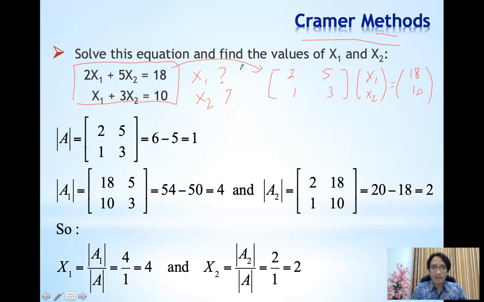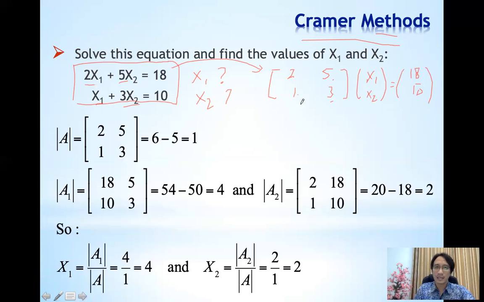Is it true? Yes, because 2 times x1, 2x1, plus 5 times x2, 5x2, equals 18. And for the second row, we have 1 times x1 plus 3 times x2, 3x2, equals 10. See?